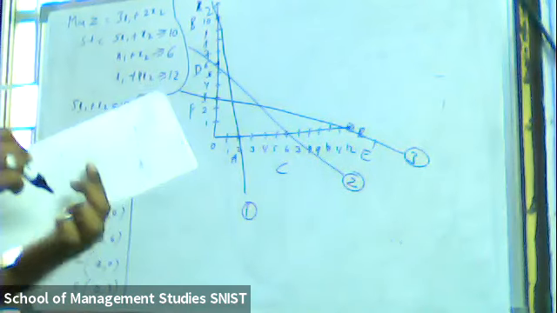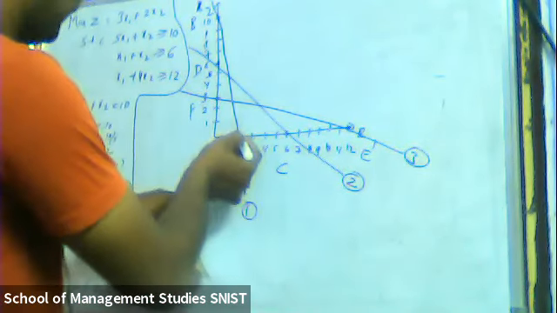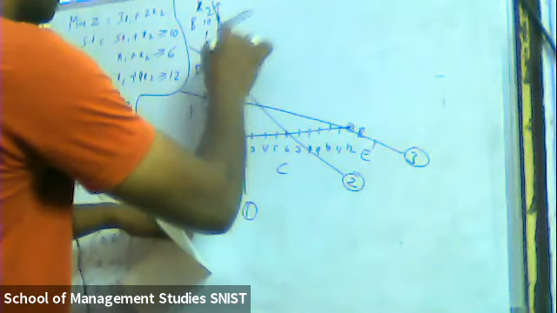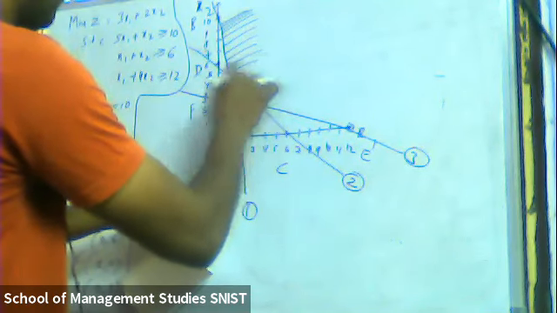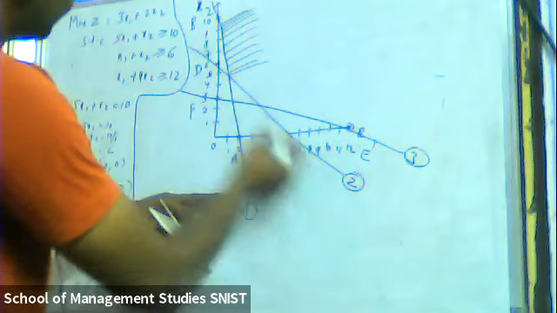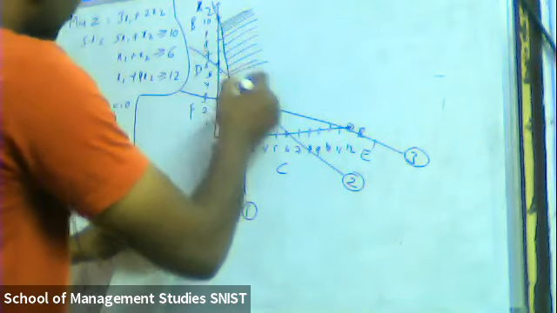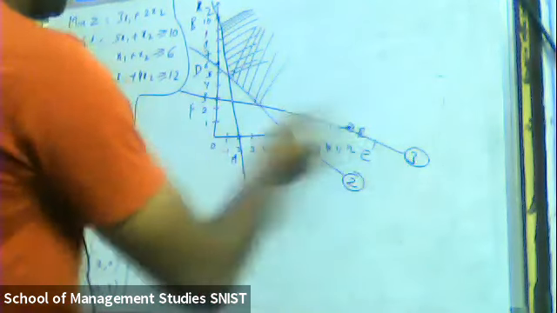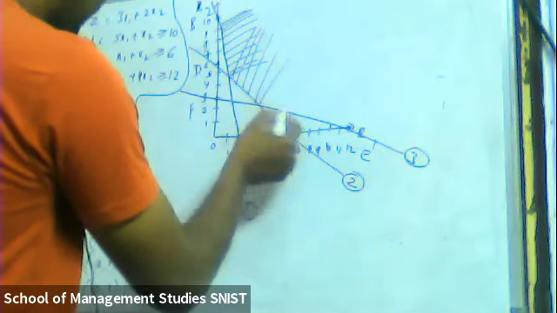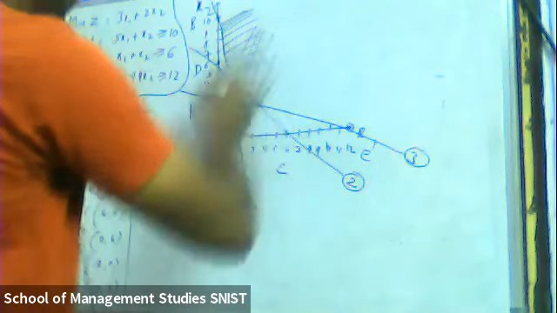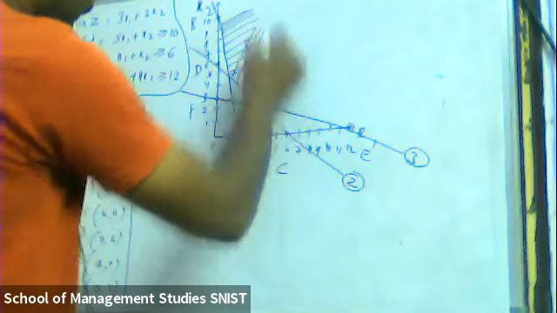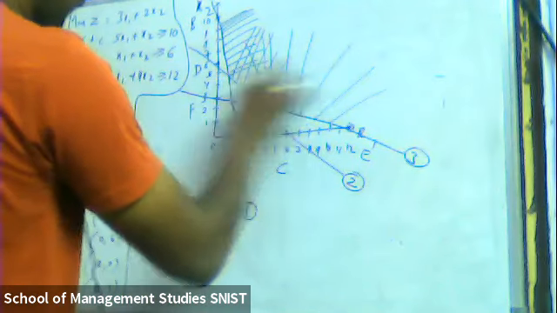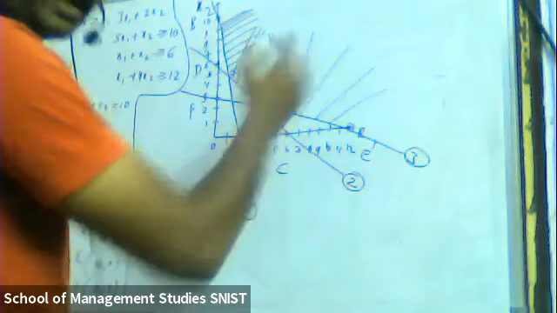Now see, the first one: if I draw like this, this area. The second one is also like this. Now the third one, the same again; if I draw like this, it will go even further. So the first one, even if I draw everything, will go up, away from the origin.